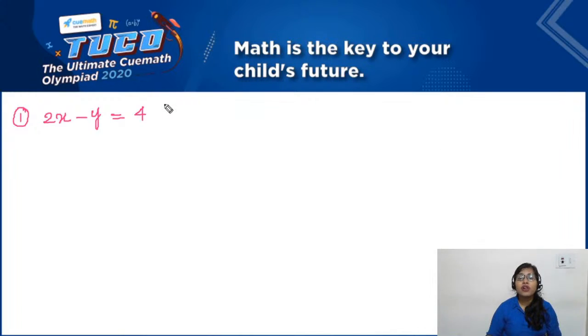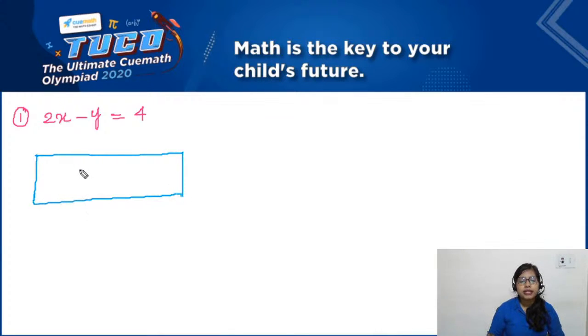Now, as we all know, how do we calculate the pair of solutions? We have just done this some time back. All of you can calculate your own pairs. I'm going to do it here. Let me take two different pairs. Let me say this is the value of x and this is the value of y.